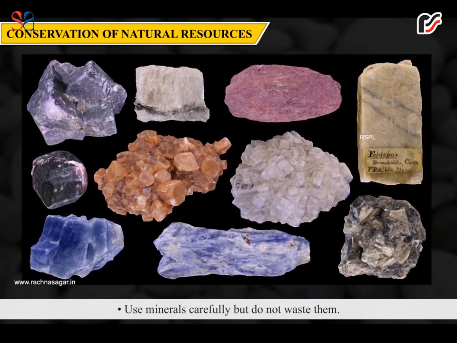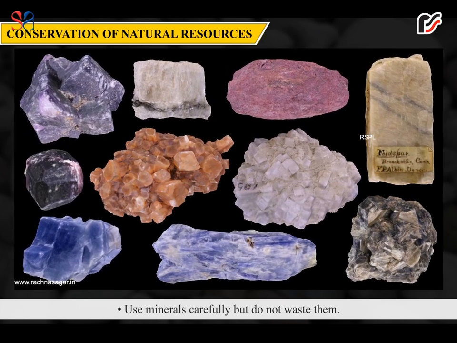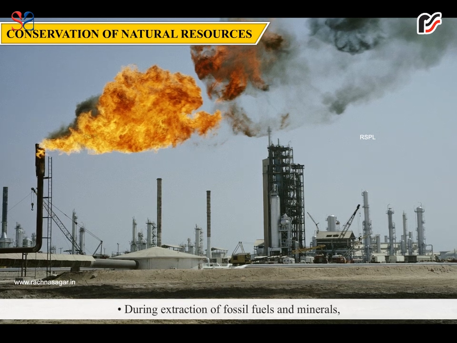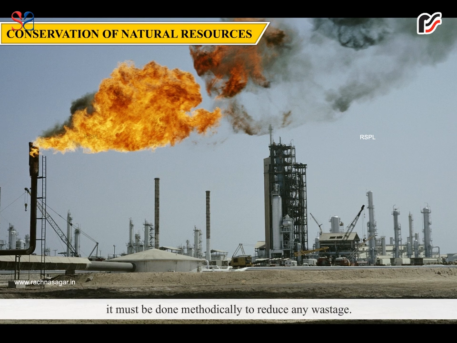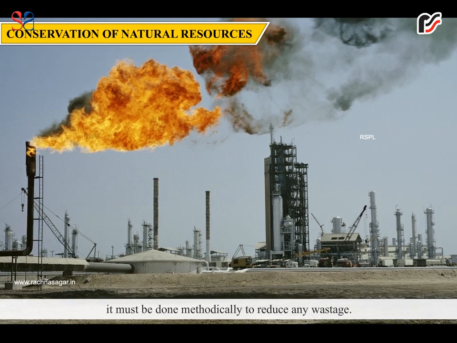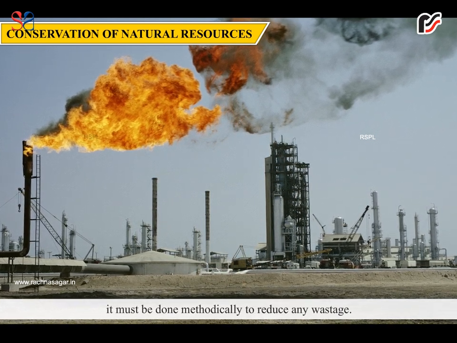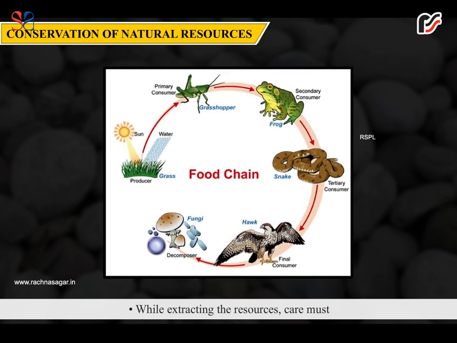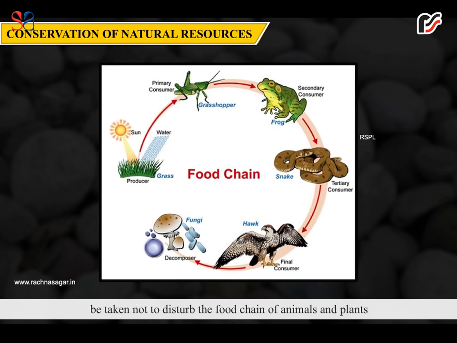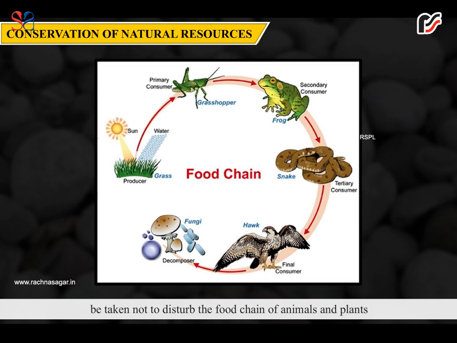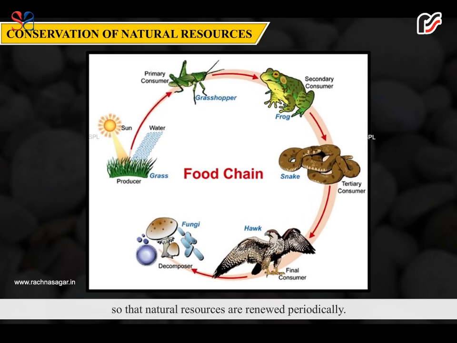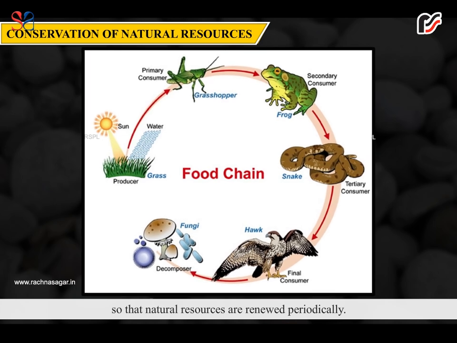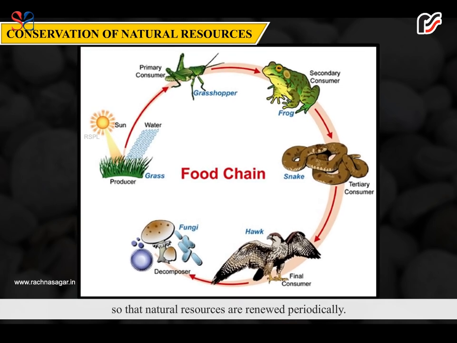Use minerals carefully, but do not waste them. During extraction of fossil fuels and minerals, it must be done methodically to reduce any wastage. While extracting the resources, care must be taken not to disturb the food chain of animals and plants so that natural resources are renewed periodically.